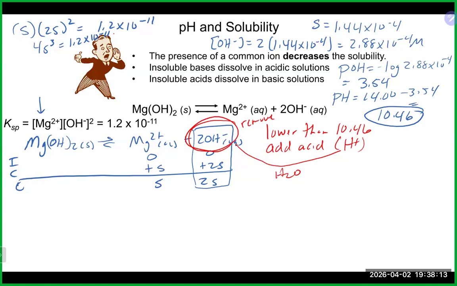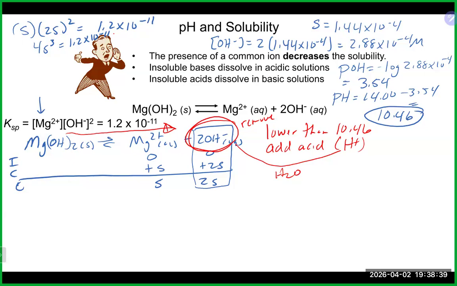And when it removes the hydroxide, which I think was something you maybe did in one of those labs earlier on, that's going to cause, based on Le Chatelier's principle, the equilibrium to shift to the right. And when the equilibrium shifts to the right, that is aqueous ions all day, and that's going to increase the solubility of this, and you will actually see some of the magnesium hydroxide start to dissolve.